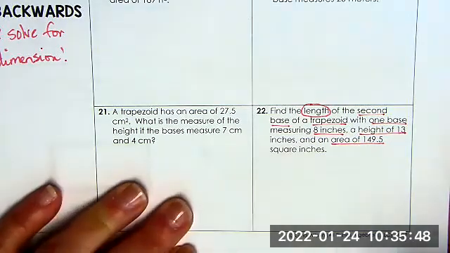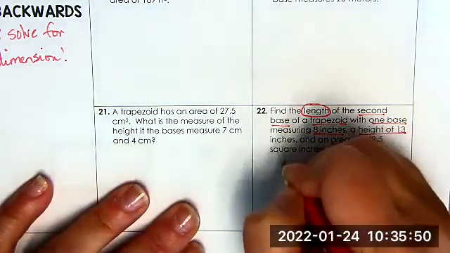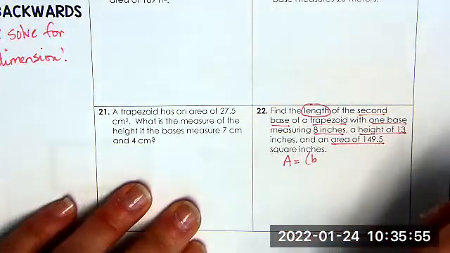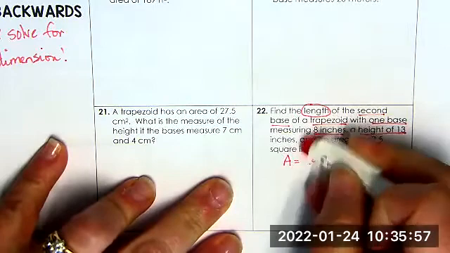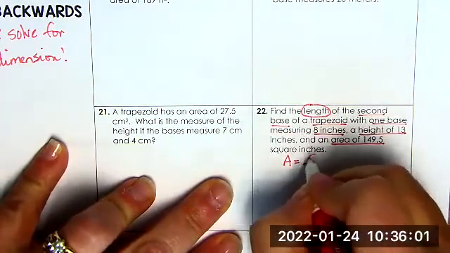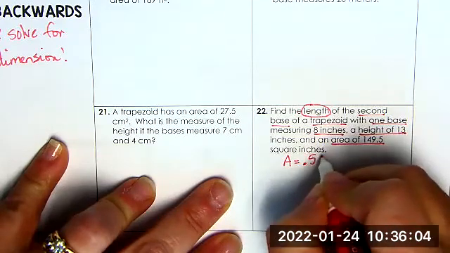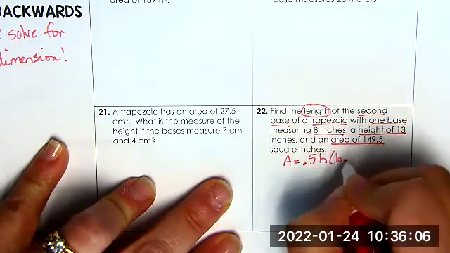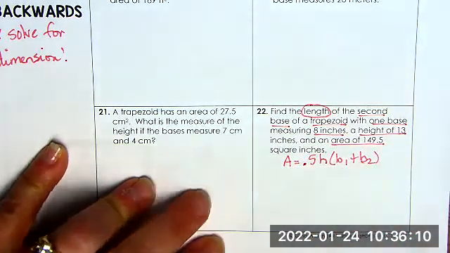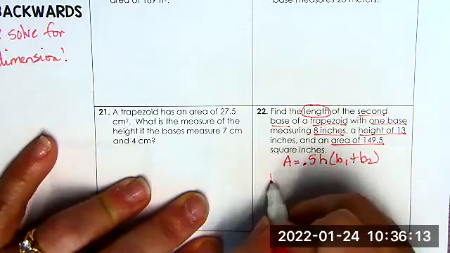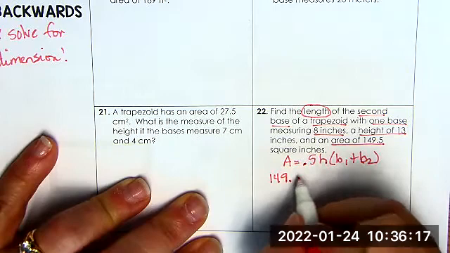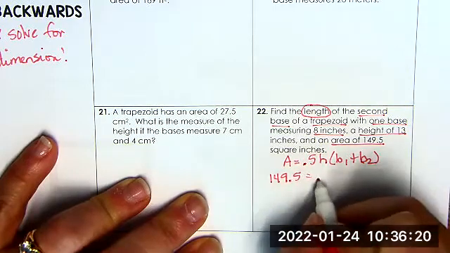Okay, so first thing I got to do is write my formula. A equals B1. I might use a different formula for this one. I'm going to use 0.5 height times B1 plus B2, just because it might lend itself a little bit easier. You can use whichever one you want. 149.5 equals 0.5.